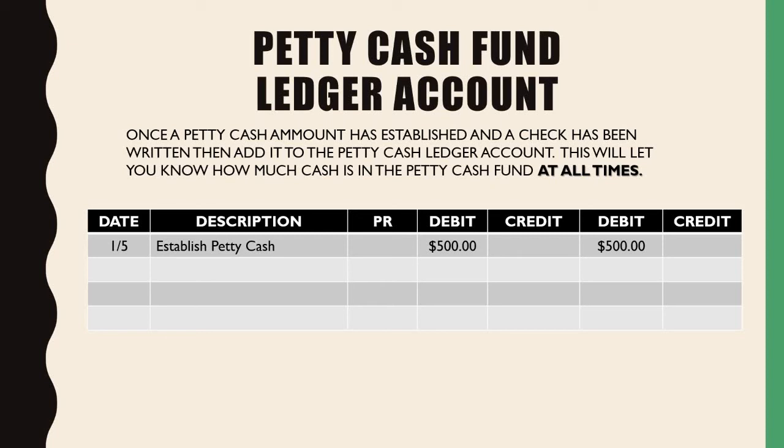So here you go. I journalized it here, and I would post it to my ledger, saying that on January 5th, I established my petty cash drawer to be at a grand total of $500 at all times. Okay.